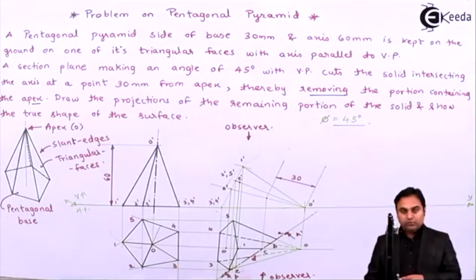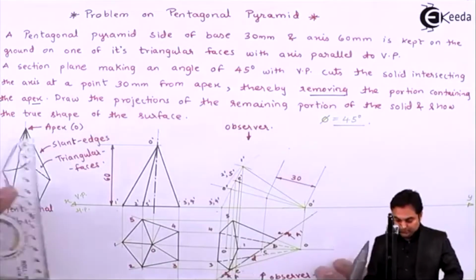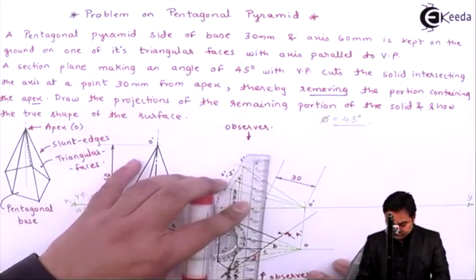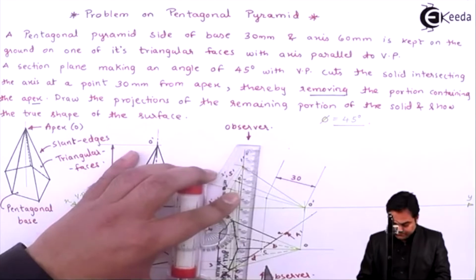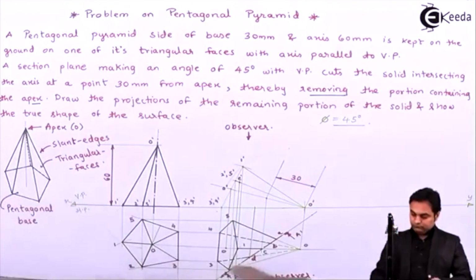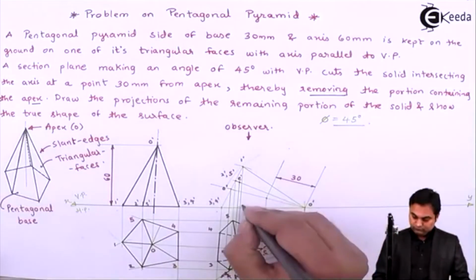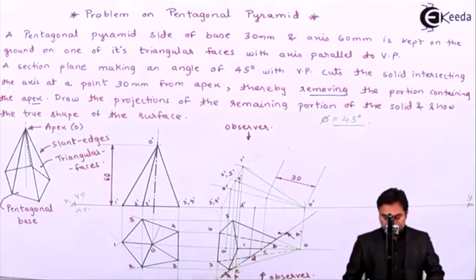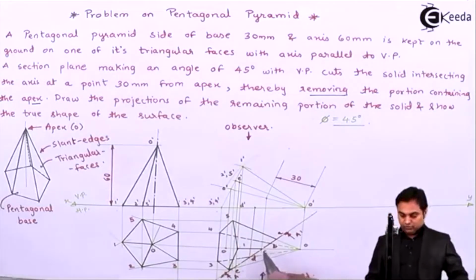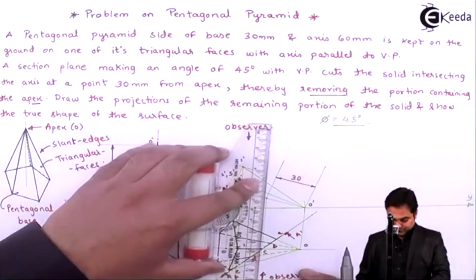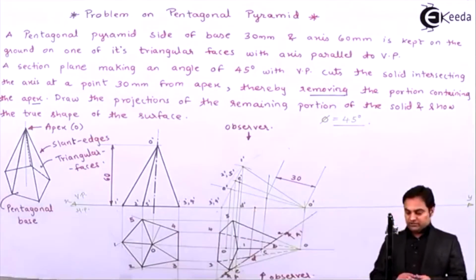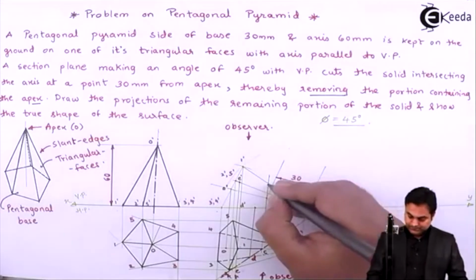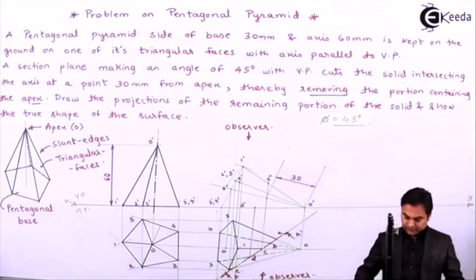Then point D is on O23, it will be on XY line, D dash. Then point C is on O21. So cutting O dash 1 dash, I get point C dash.